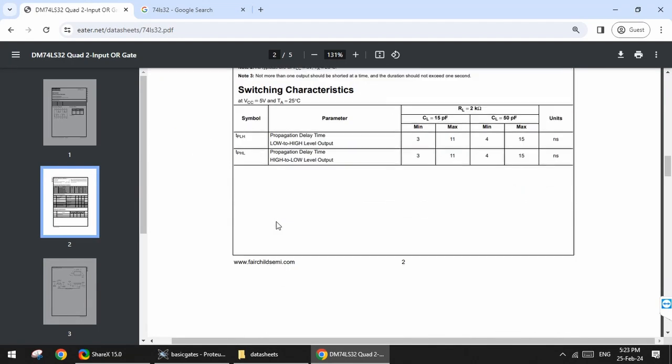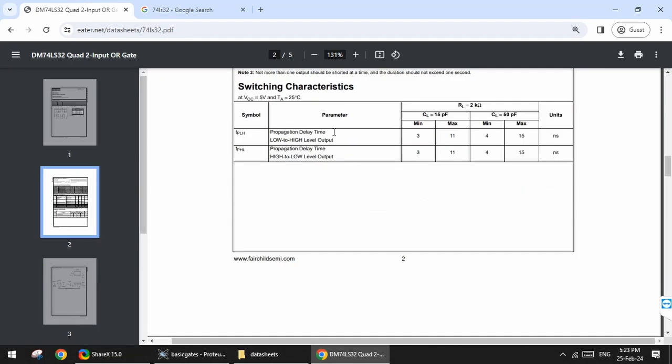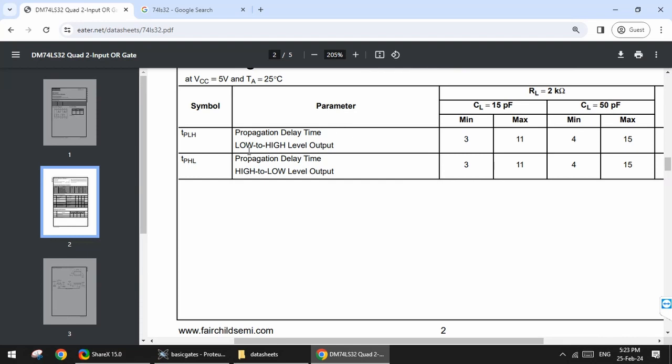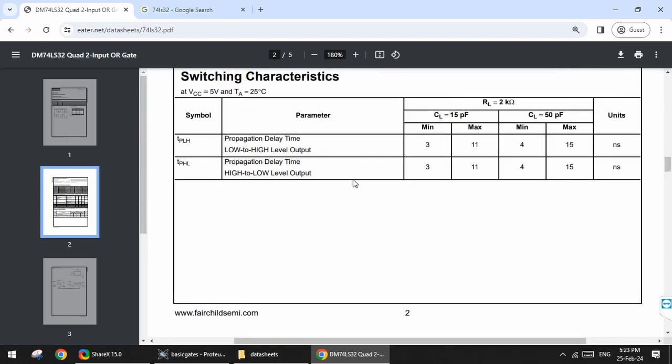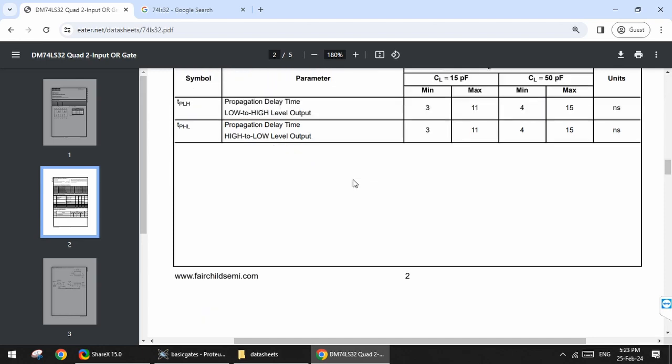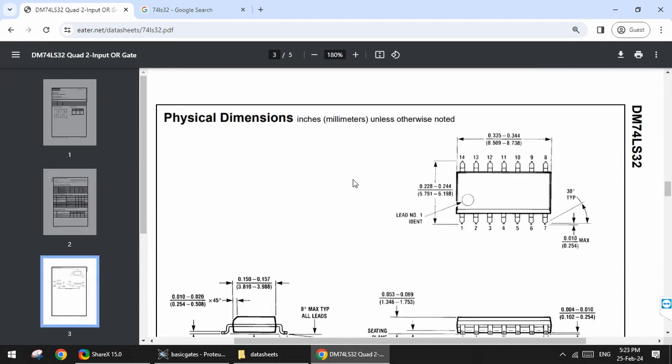Switching characteristics tell you how much time it takes if the logic level goes from low to high. But these are more tiny details which we are not trying to grasp right now.